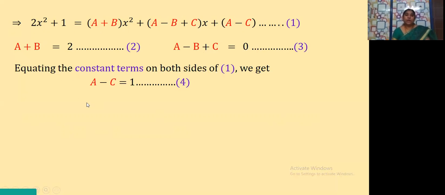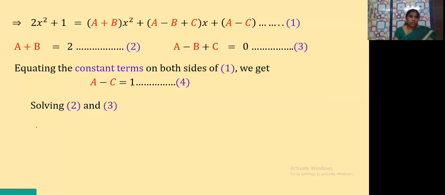Now what are you going to do? How to find this? Solving equation number 2 and equation number 3. I'm trying to first solve these two equations, children. Do you remember the elimination method that we learned in 10th class? Yes, in the linear equations chapter.